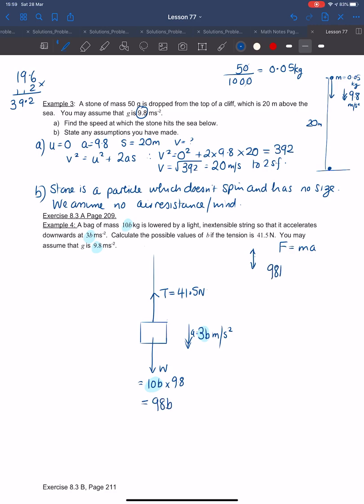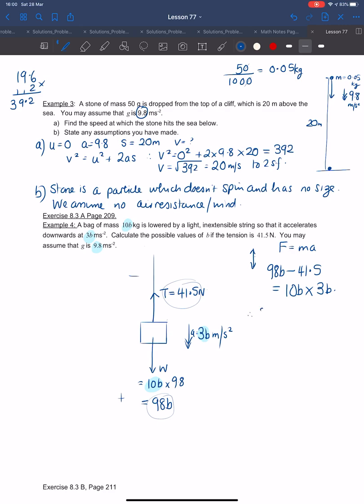So 98b minus 41.5 equals, so that's the force. That's the net force because it's 98b downwards. I'll call this one minus and this one positive actually. Before I did it the other way around, but that's because it's moving in this direction. 98b minus 41.5 equals mass, which is 10b, times acceleration, which is 3b.